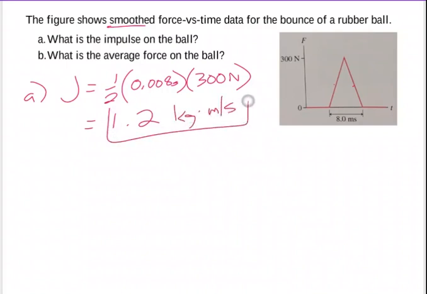Good. Okay, now B. What is the average force on the ball?